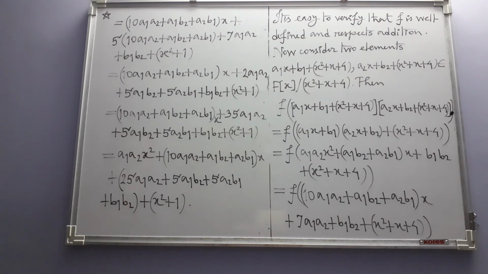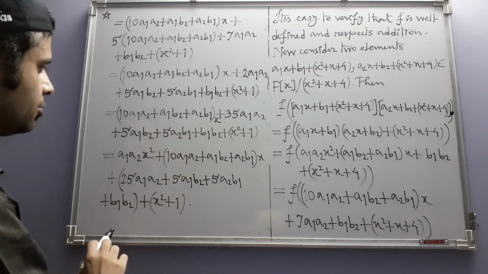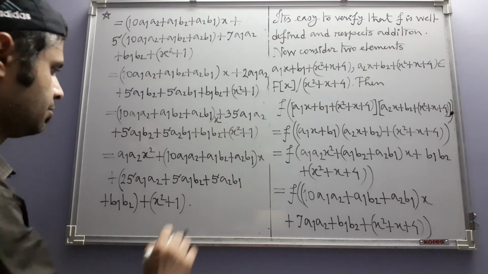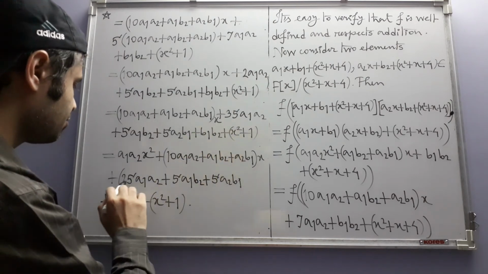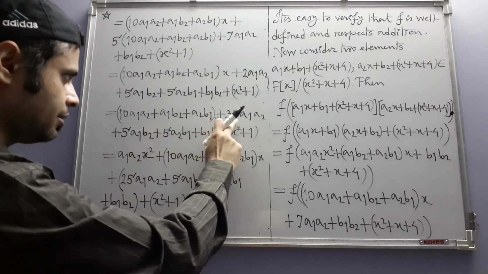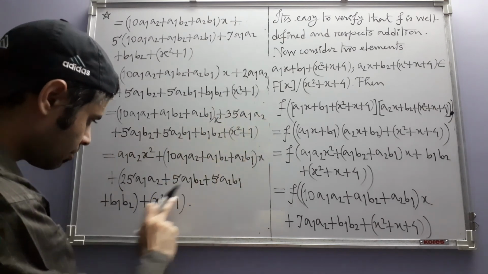Okay, is it justified again? If we take the difference of these two polynomials, then this one and this one cancel. 35 minus 25 gives us 10. So 10 a1 a2, and these terms also get cancelled.